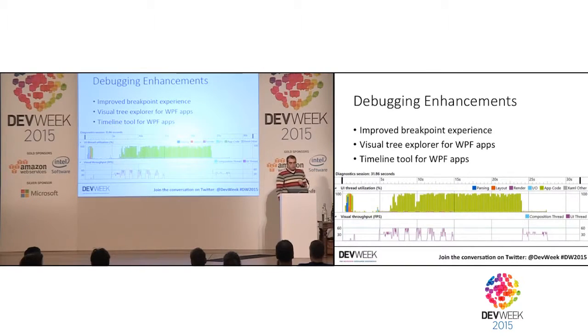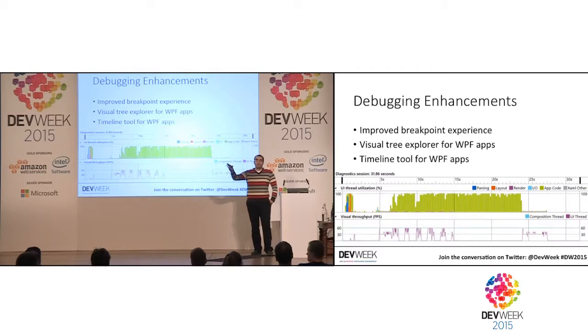Another thing, which is cool, but it's kind of half-baked at this point, I really hope it's going to work during the demo, is the Visual Tree Explorer for WPF applications. Is anyone here building a WPF client? Yeah, a few of you, OK.